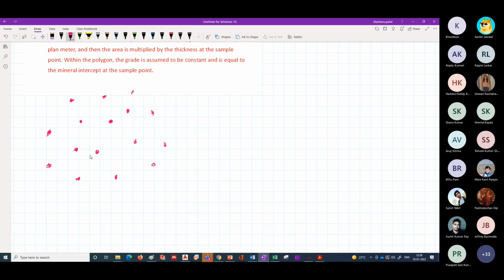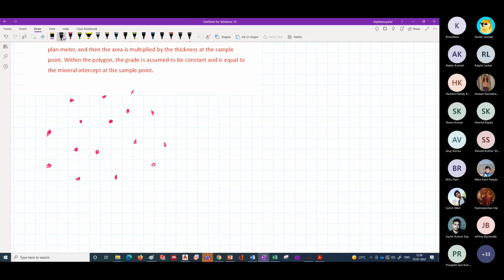Sometimes they are not uniform. It can be perfectly in a regular pattern, a square or rectangular pattern, but sometimes it is not. Can anybody tell me why? Because the contours are not really visible, and it is not possible to take the drill rig there, right? Yes, sir. Okay, very good.